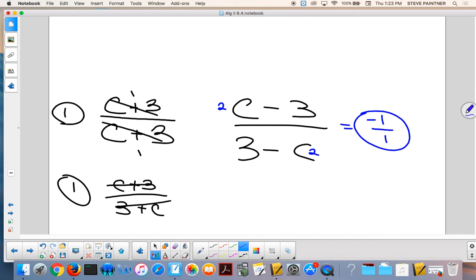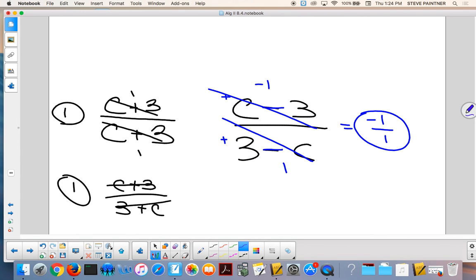So here's how you tell they're opposites. If you want to know, are they opposites? You look at the signs. This is positive C. What's this? Negative C. This is negative 3. This is positive 3. If every term is opposite, top and bottom, you have opposites. I would just cancel it out like this, and I'd put 1 and negative 1.